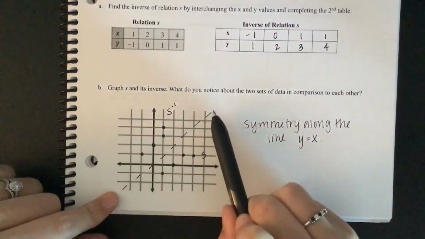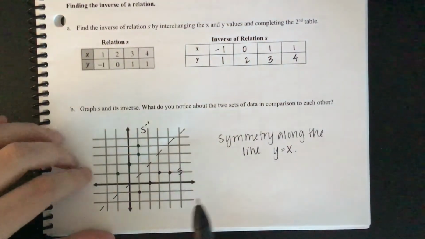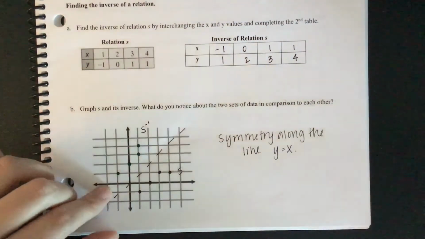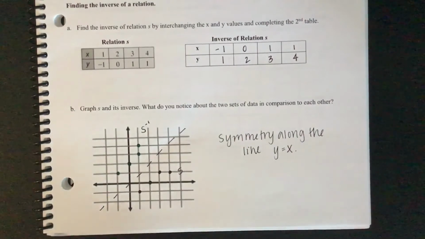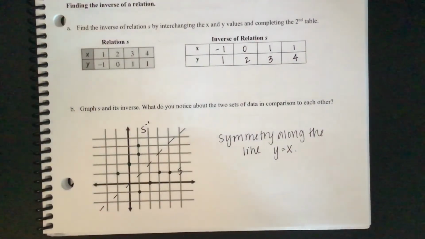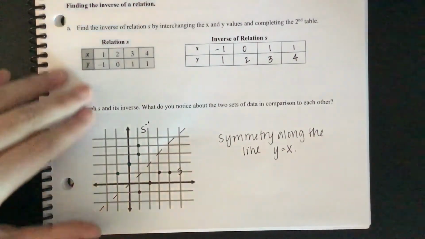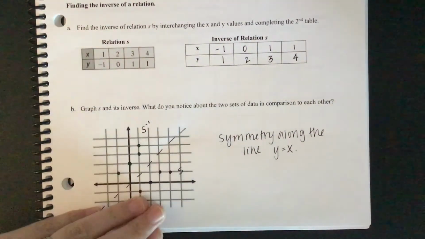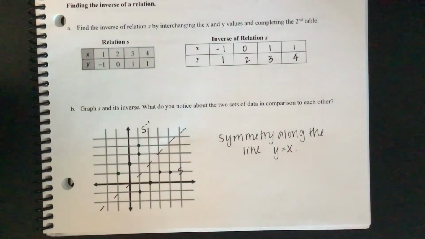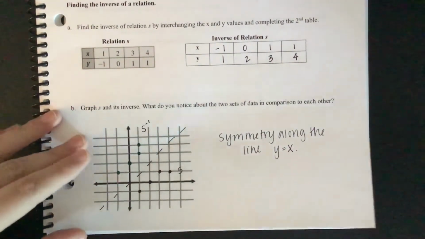So I want you to fold your paper along this line, and I want you to look at the points. You might have to tilt your head, but your points will actually match each other, which is the exact point, no pun intended, of an inverse. So inverses, if they are actually inverses, will be symmetric along that line.